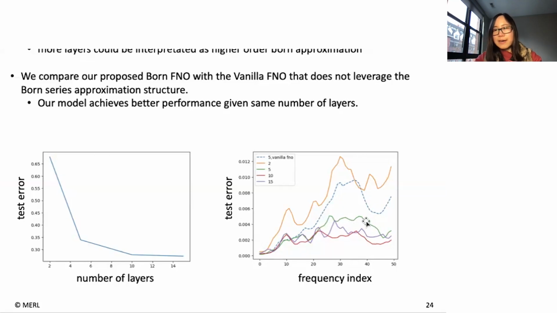And this green line is 5 layers of our modification of the FNO. Of course, other than tying the weights, we also did some other small modifications, but I would say the performance gain is mainly from tying the weights. So you can see the performance is actually better. You are getting lower testing error if we keep the weights the same.